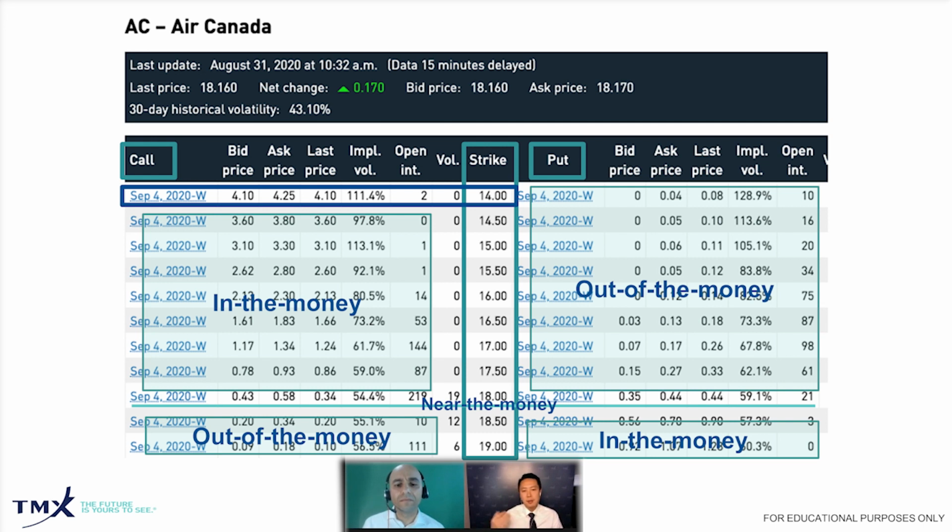Now, the other important point about this time value notion is that in the options market, you have many more different expiry choices that you can choose from. So one thing that I want to tell you guys is that the more time to expiry the option has, the more time value that you will need to pay for that option.